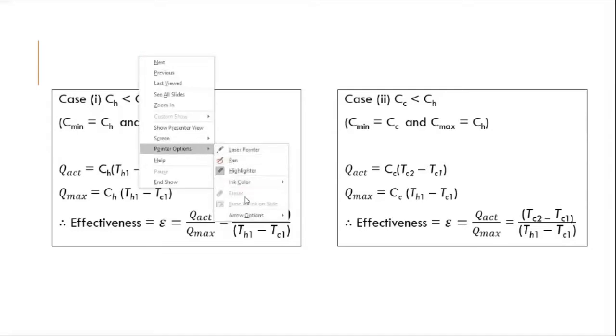Yesterday we also saw in which case we will get Q maximum. We will get Q maximum when the temperature drop or temperature rise for the fluids is maximum. If the hot fluid is entering at a temperature TH1, the minimum temperature which it can achieve will be TC1.